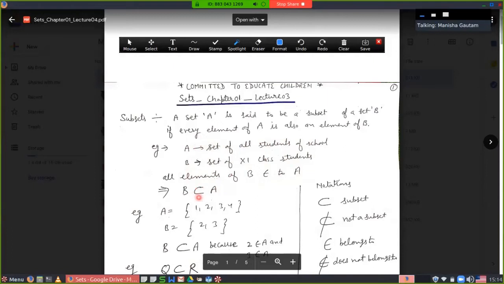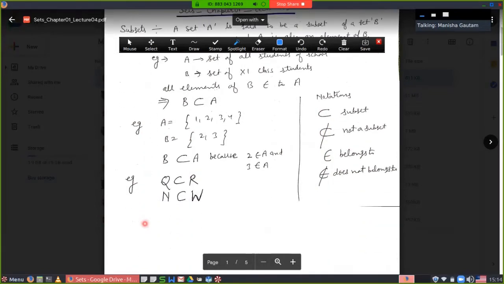This is the notation to represent a subset: B is a subset of A. Here I have written the notations. This sign means subset. If I cross this subset sign, then it means not a subset. It is already told to you that this is the sign of belongs to, and this is the sign of does not belong to. Now here's an example.